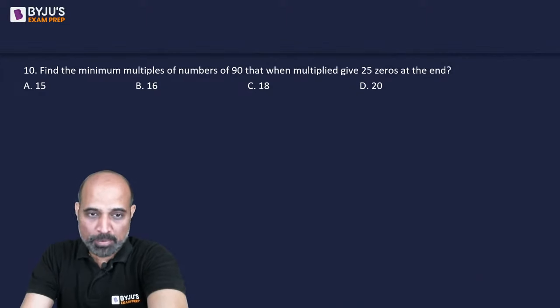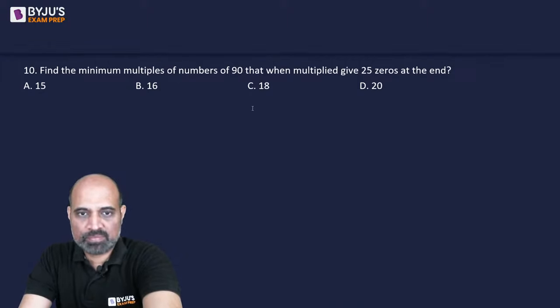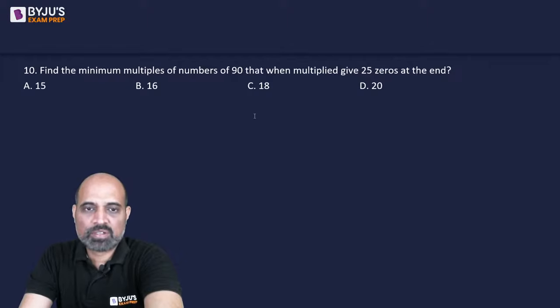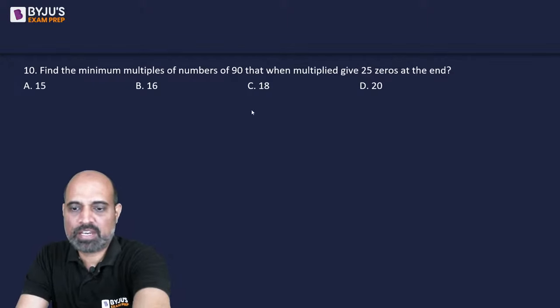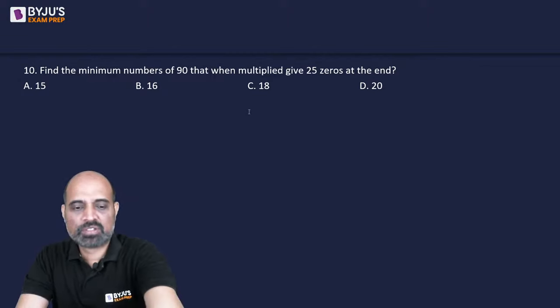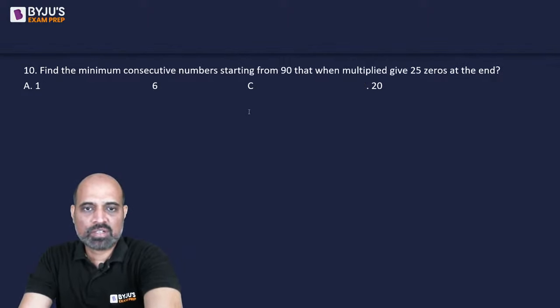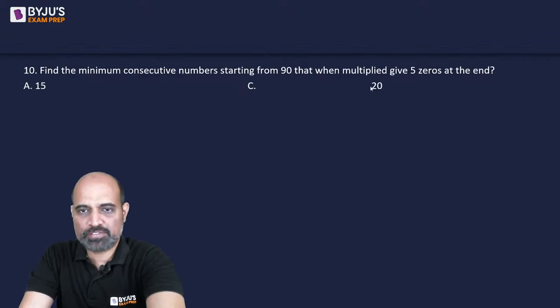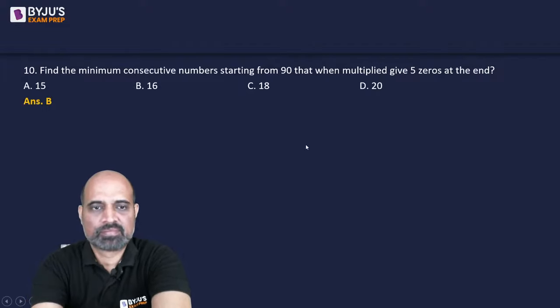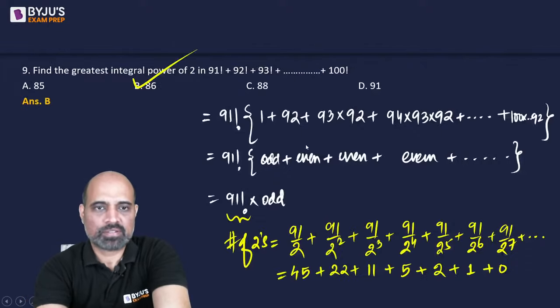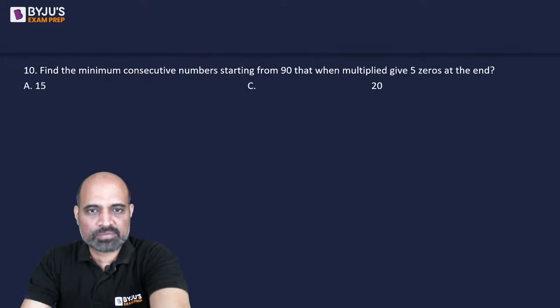So क्वेश्चन में ये प्रॉब्लम भी नहीं है. Minimum numbers, consider starting from 90 then multiplied. 25 की जगह 5 अगर होगा ना तो इसका सेंस बनना चाहिए. Hold on.